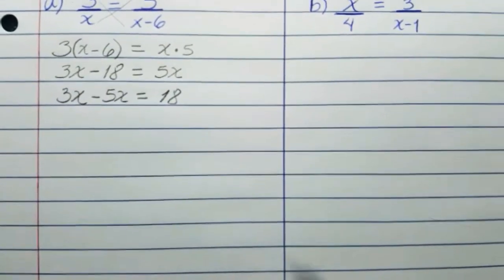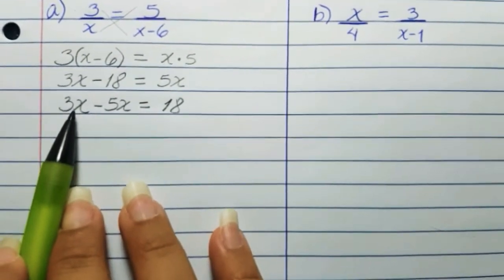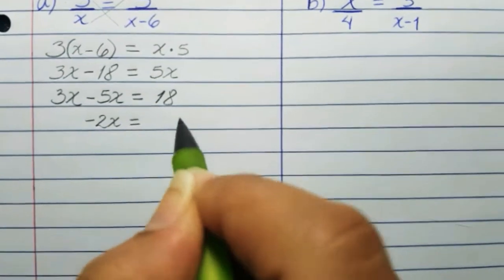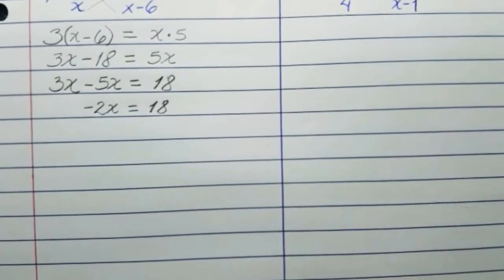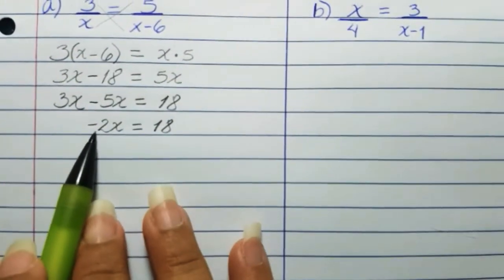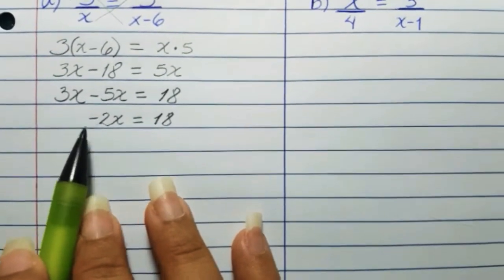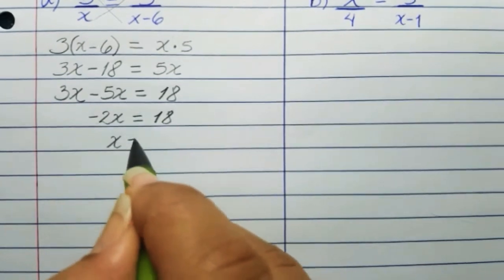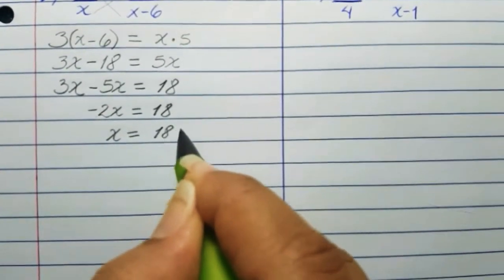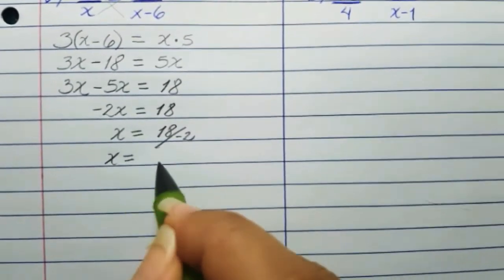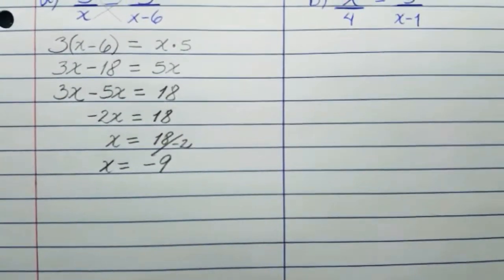Let's keep on simplifying. 3x minus 5x is negative 2x. All of that equals positive 18. The negative 2 is multiplying the x, so the opposite operation of multiplication is division. x equals 18 divided by negative 2. So x equals negative 9.